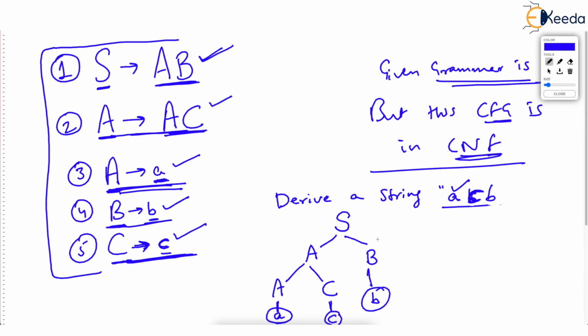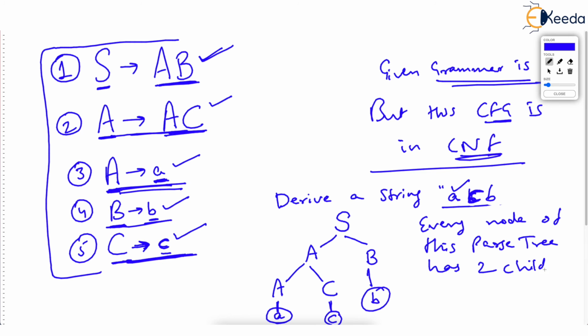You might feel, okay, we have derived the string, but you observe that every node of this parse tree has two children, or a single child. So it's like a binary tree.